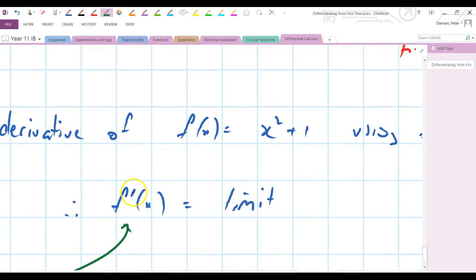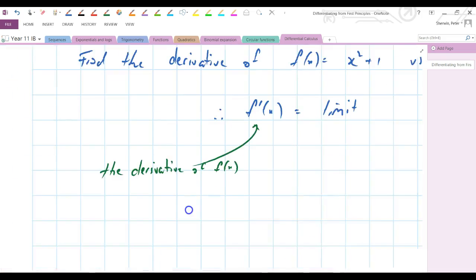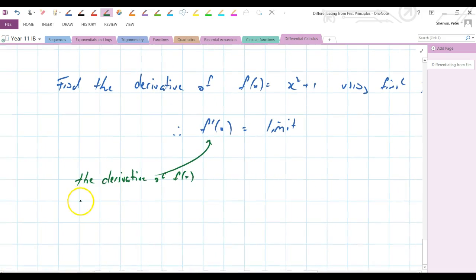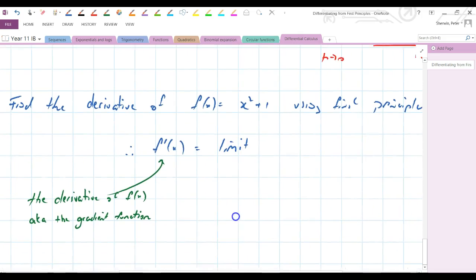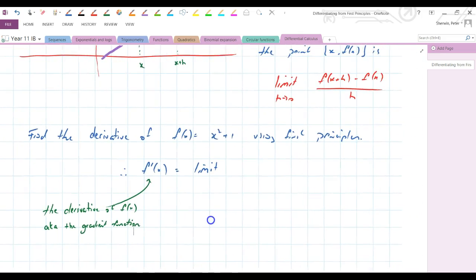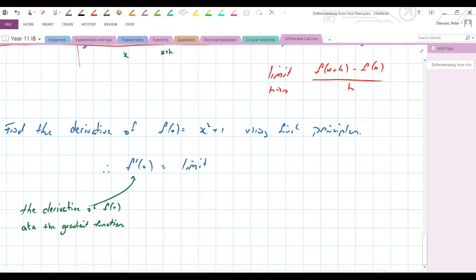See the dash? That's the derivative of f of x, also known as the gradient function, so called because it delivers the gradient at any point. Let's go and find that function for x squared plus 1.